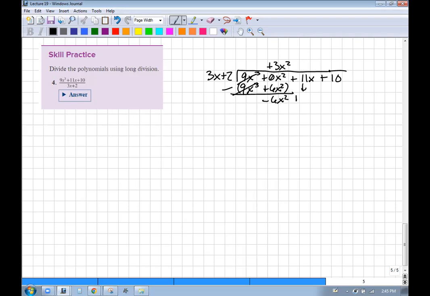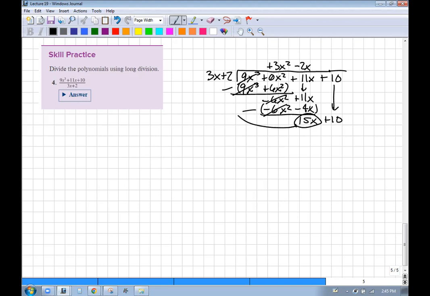We'll bring down our 11x here. So now we need to get this out of that. I need to multiply 3x by a negative 2x. Negative 2 times 3 is negative 6, and the x times an x gives me x squared. But I'm also getting a negative 4x out of this. If I subtract, those cancel. 11x plus 4x gives me 15 x's. Bring down the 10.